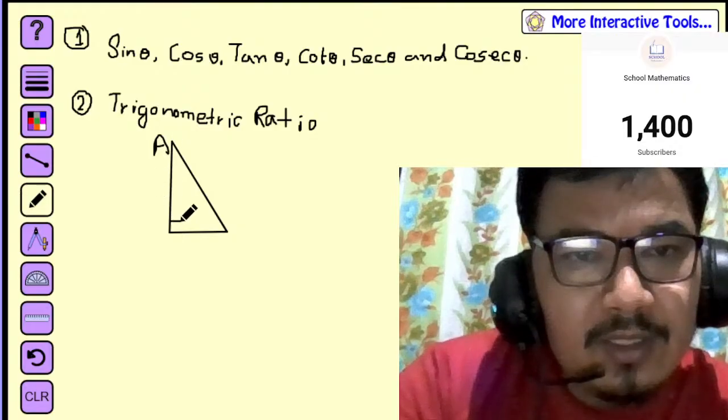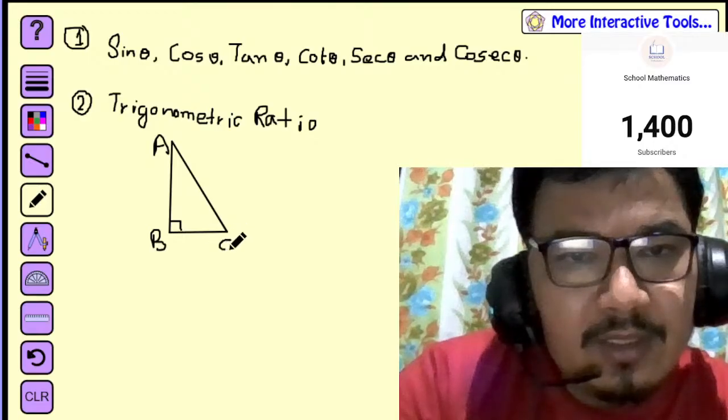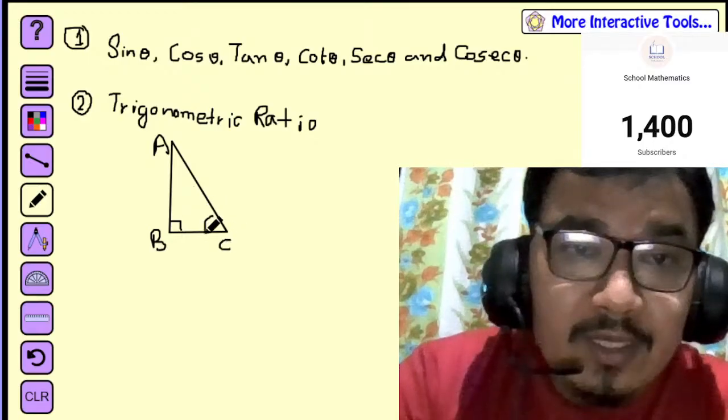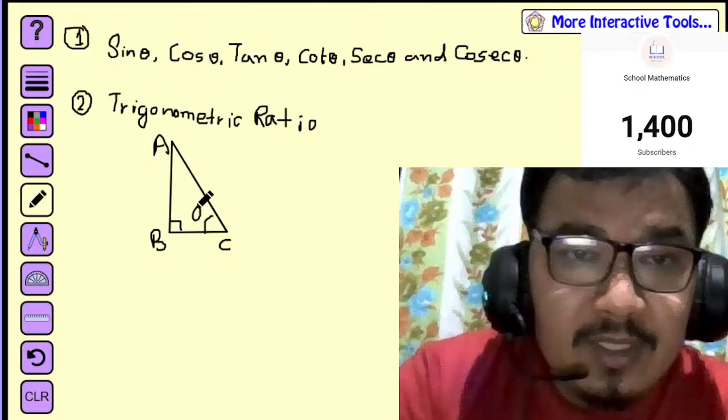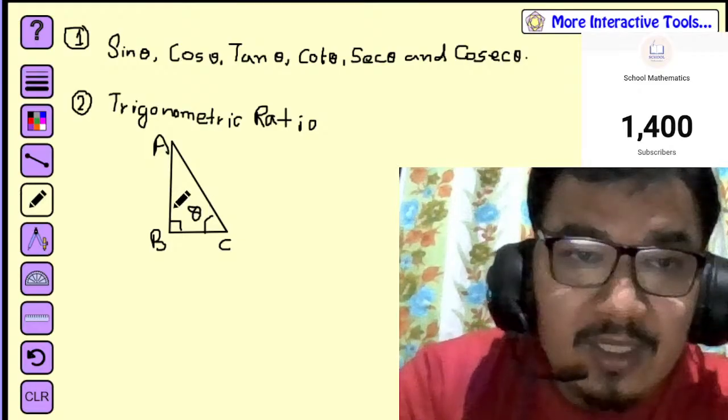And this is 90 degrees here, and this is B vertex, right? And this is C, and this angle is given, an acute angle is given, then that is called the reference angle. This is theta, right?